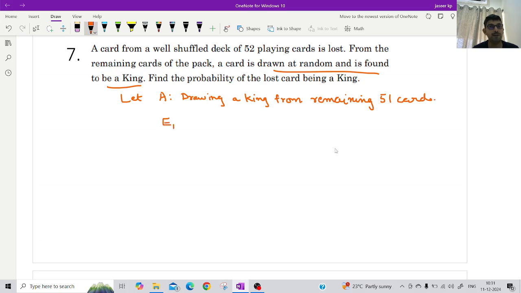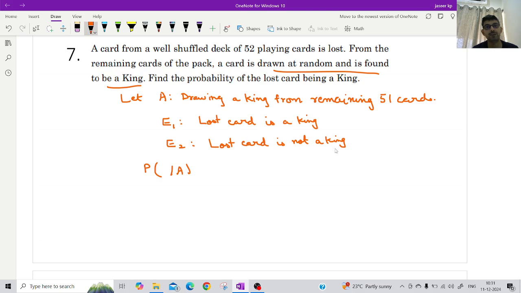Now E1 is the lost card is a king, and E2 is the lost card is not a king. So now we'll move to the question and see what we have to find. We already got a king, and we have to find that the lost card is also a king.